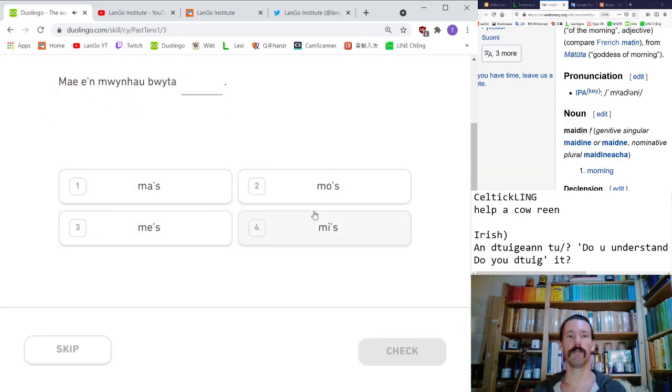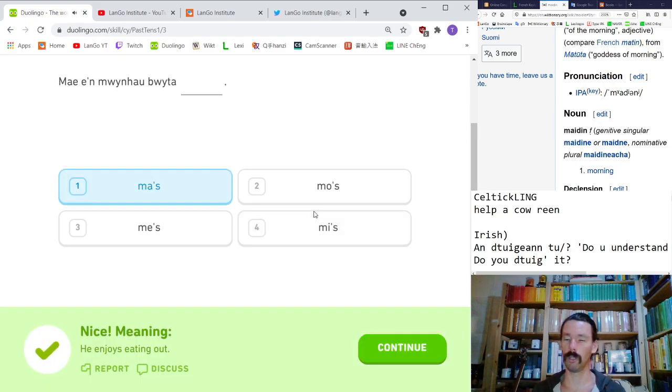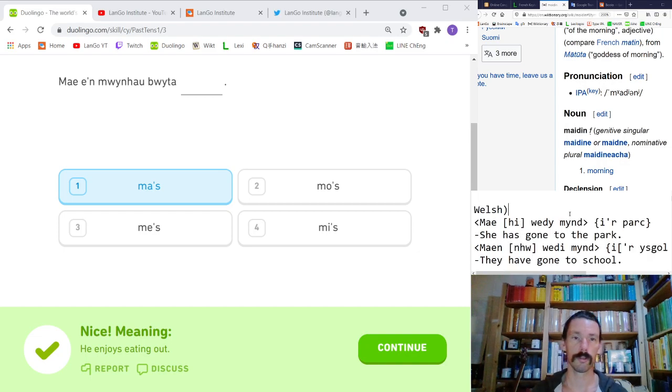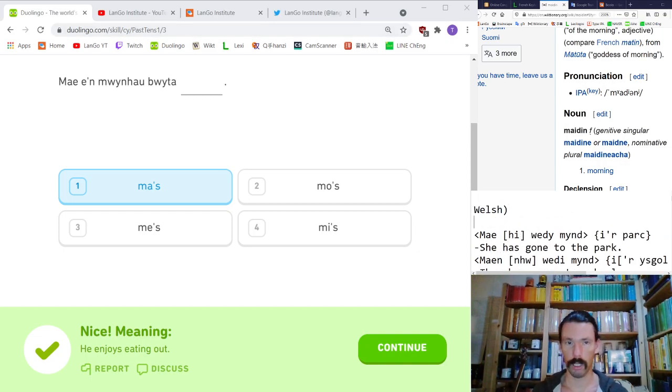Mae e'n mwynhau bwyta mas. So here's one to collect. He enjoys eating out. This is a preposition serving in a verbal phrase, bwyta, and then it's mas.